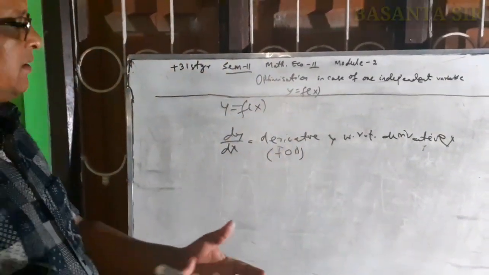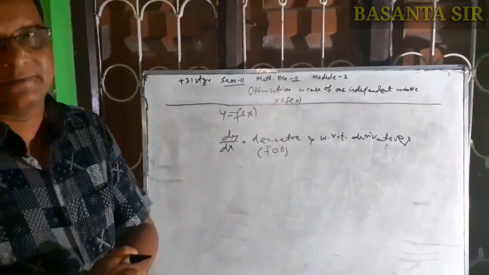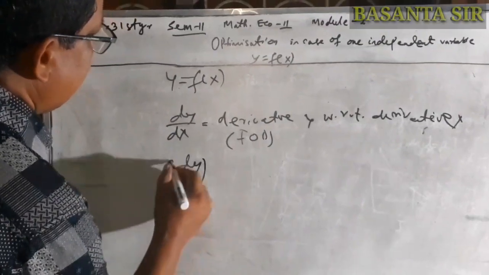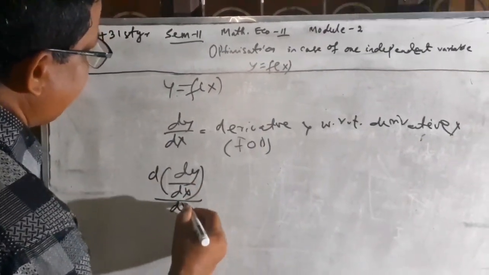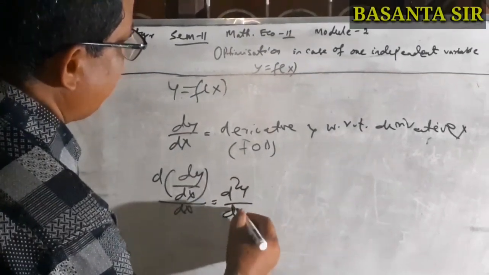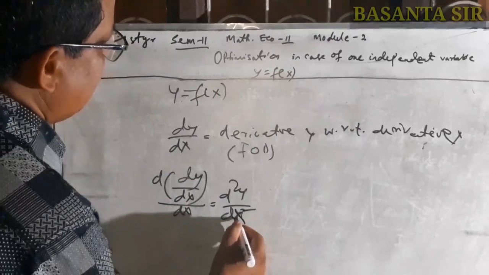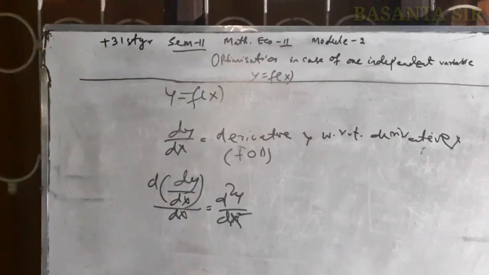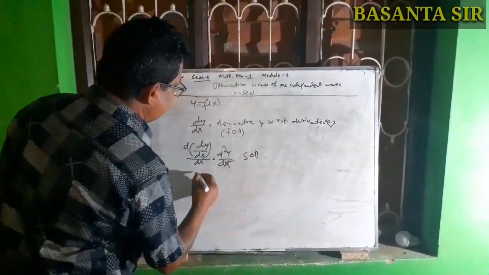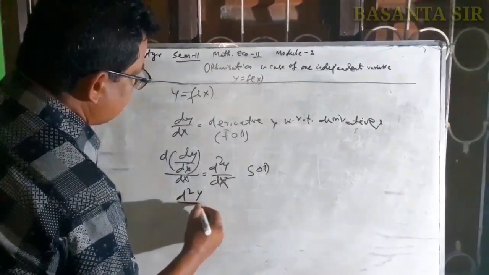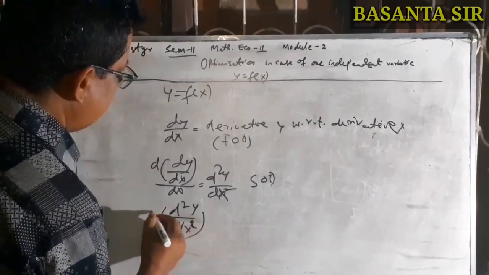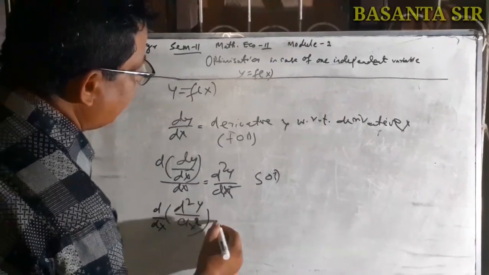When we calculate the derivative of the first order derivative, that means of dy by dx, we again find the derivative of the first order derivative. We call it the second order derivative. d square y by dx square is the symbol. It is not multiplied; it is a symbol of the second order derivative. Like that, we can find the third order derivative when we calculate the derivative of the second order.